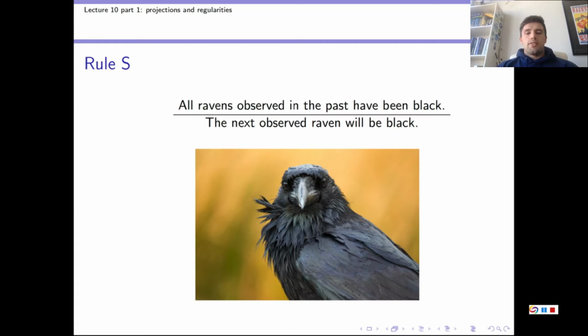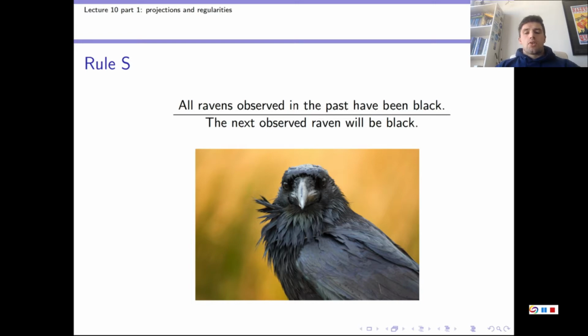Now, scientific inductive logic assigns a high inductive probability to this argument, and we say that it projects an observed regularity into the future. It's a projection because the conclusion talks about something in the future, and the regularity is that ravens have always been black in the past.